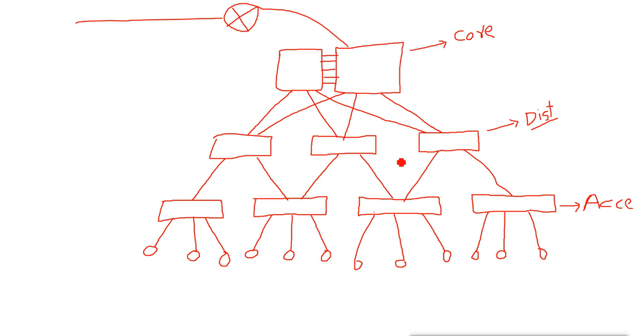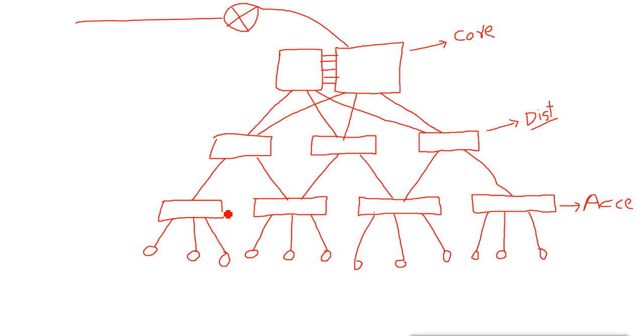The distribution layer also has multiple switches, so we don't have to depend on one switch. Now as you see here, I am using redundant links. That means it is not a linear topology where we have only one link, and if that link disconnects, our network goes down, our network breaks. Here we have multiple redundant links.